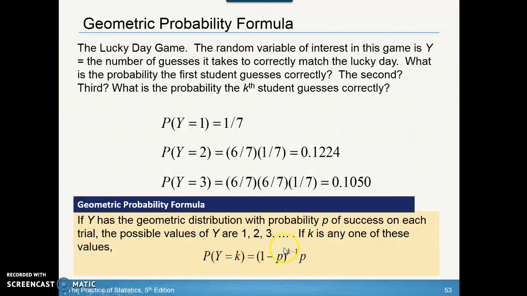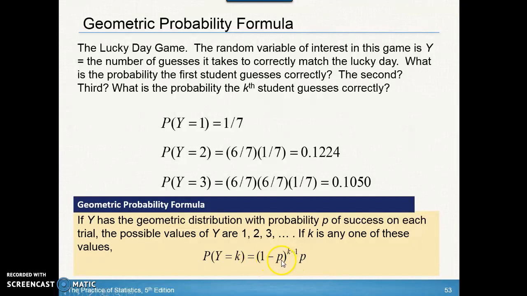This (1 minus p) to the k minus 1, that's basically like saying 1 minus p is your failures, k minus 1. If k is 10 and I want the first success to be on the 10th trial, that means 10 minus 1 is 9. That means I'm going to have 9 failures before I get my first success. So just think of this as failures times successes.